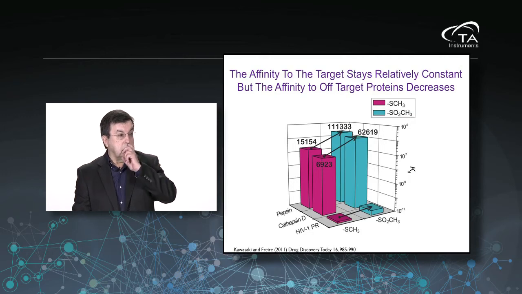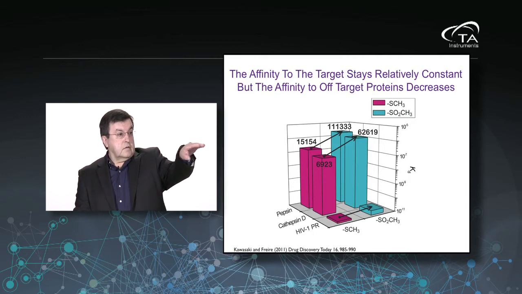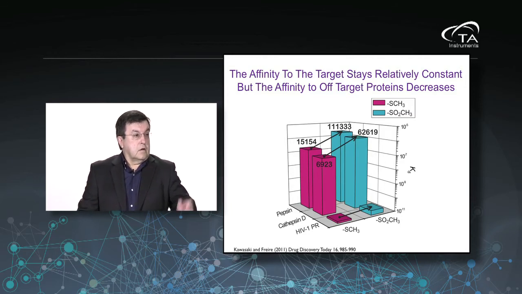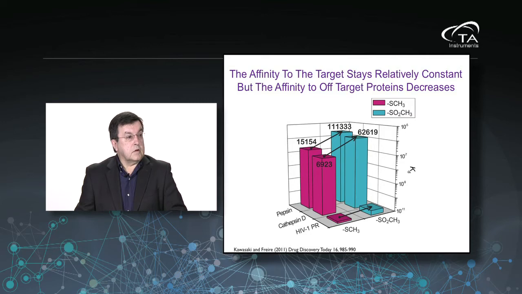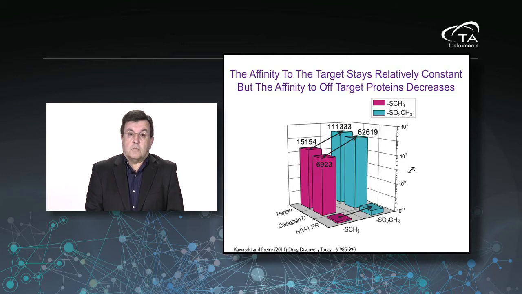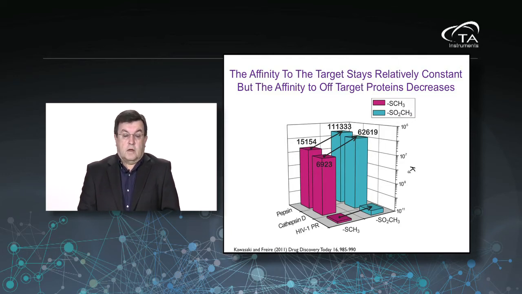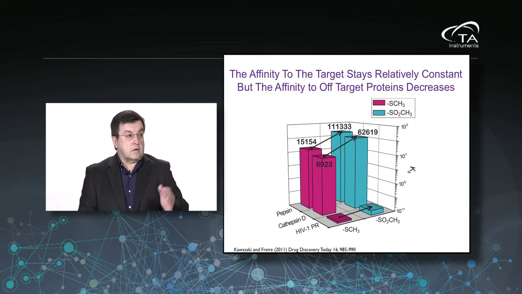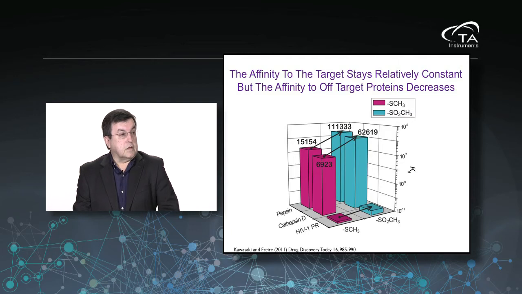And you can see that in this table. There is small change with the target, a big loss in affinity with the off-target molecule. And the reason is very simple. With the off-target molecules, the hydrogen bond cannot be formed as strong as with the target molecules, so the desolvation penalty of that group predominates, and that causes the loss in binding affinity.